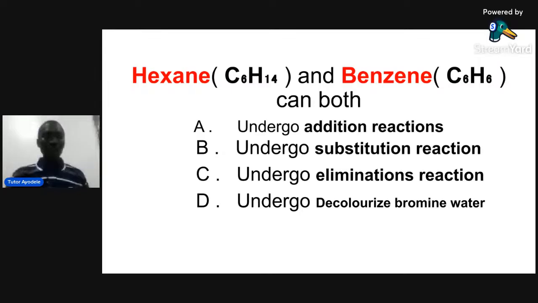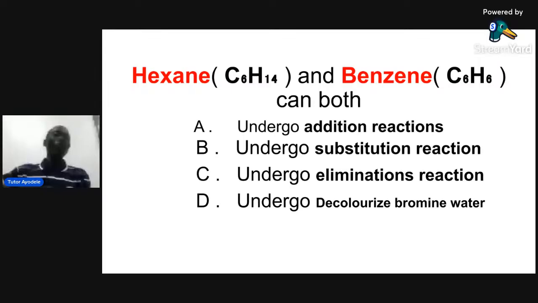That is, we can classify them in terms of saturated and unsaturated hydrocarbon. The one that has a single bond, which is alkane, it is only alkane that has single bond. So alkane is called saturated. The ones that have two or three bonds are called unsaturated. Take note of that. Alkane is the only saturated we have.